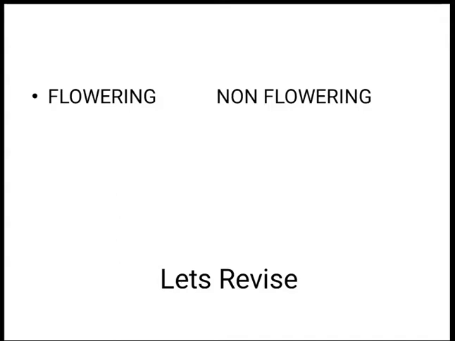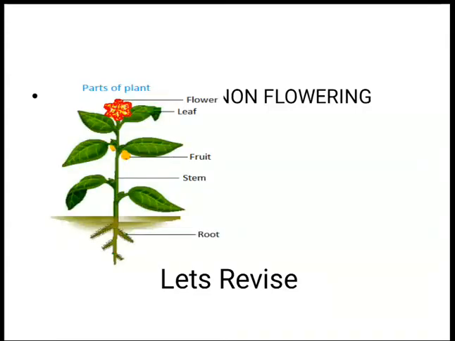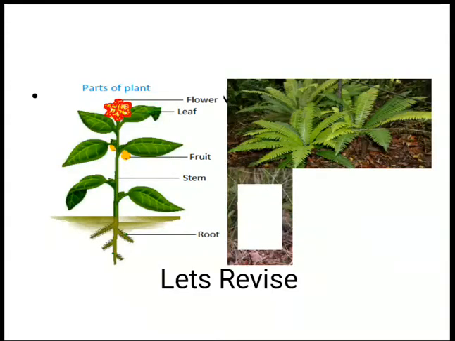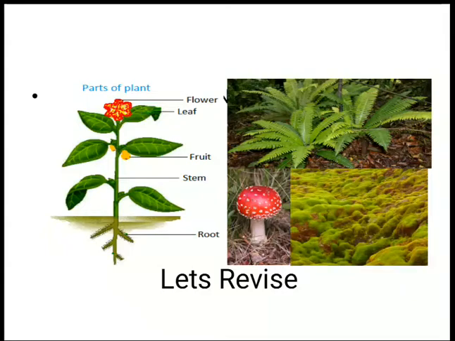You all know that plants can be broadly classified into two types, flowering and non-flowering. Flowering plants produce flowers as a reproductive organ, whereas the non-flowering plants reproduce by using asexual reproductive bodies called spores.